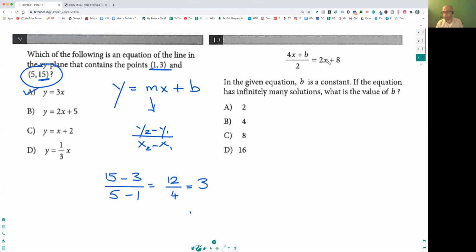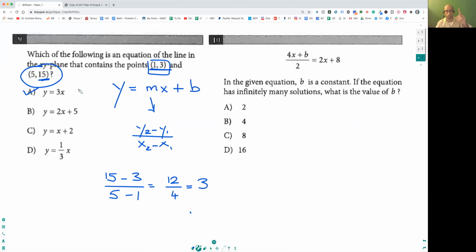Now here, what you got to do is the equation has infinitely many solutions, and we've done this before. Many of you who haven't looked at my linear equations, yeah, plugging takes less time. Yes, it does work. So whichever way makes sense to you, do it. But remember, if you just put in 1 comma 3, be very careful.